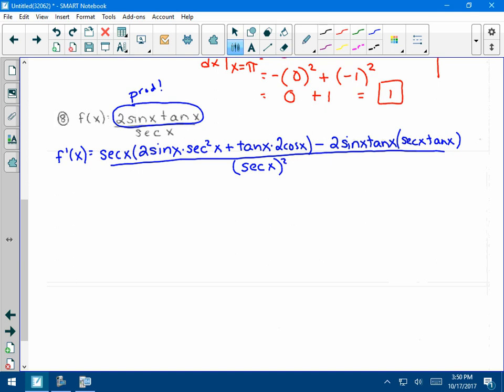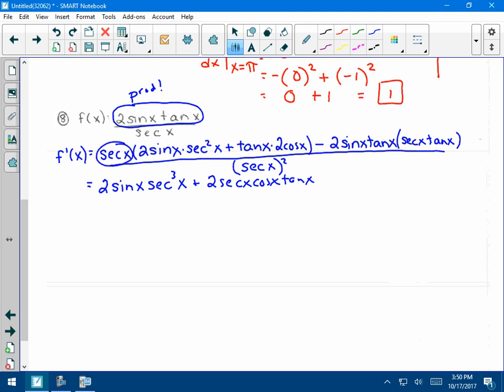Okay, that's looking pretty ugly. What I'm going to do next is, I've got this secant x out front of this part. If you think of distributing everything, that might make things look at least a little bit better in the sense that I know what I've got. So I'd have 2 sine of x secant cubed x plus 2 secant of x cosine of x tangent of x.